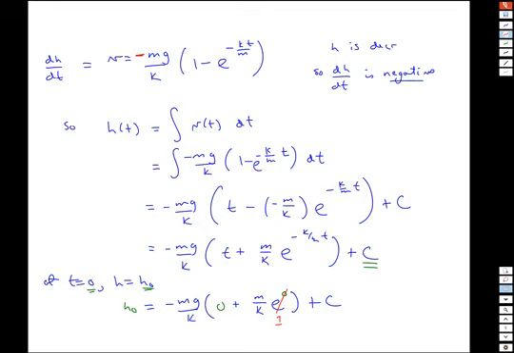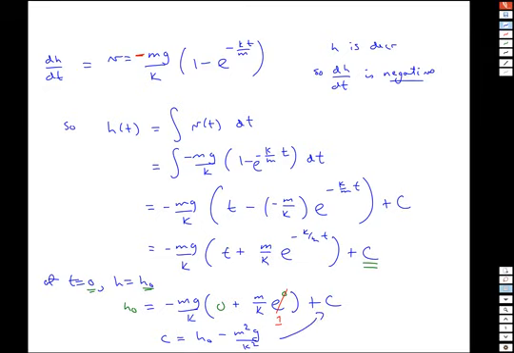So if we start solving for this, we get c is here. Let's bring everything else to the other side. It'll be h naught minus m squared g over k squared. So that would be our expression for the c, and we put it all together.